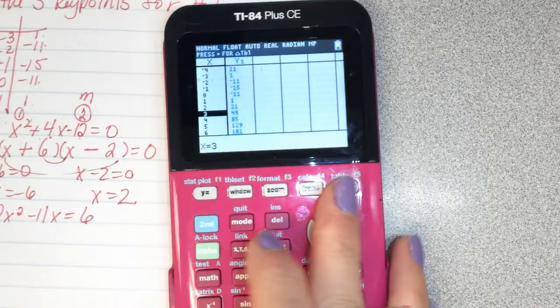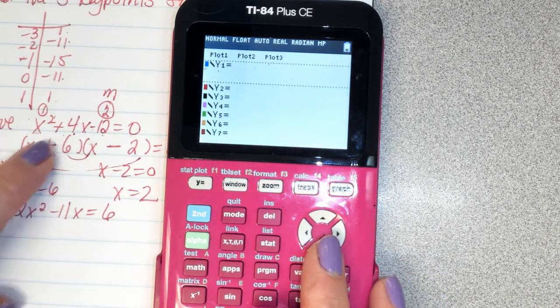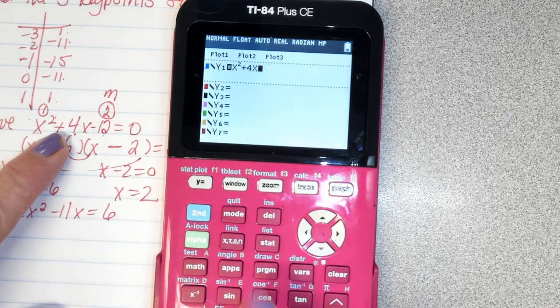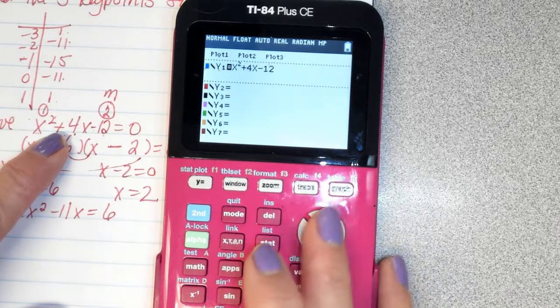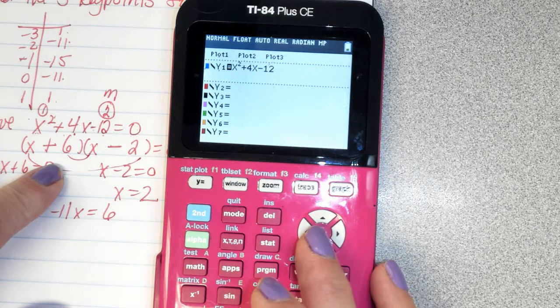How can I check it on the calculator? Say I'm taking the ACT and I had to solve this and I want to just double check. I have time. Well, I can put it into my calculator, and then, can anybody think of one way I could check it? There's 2 different ways. What can I look at?